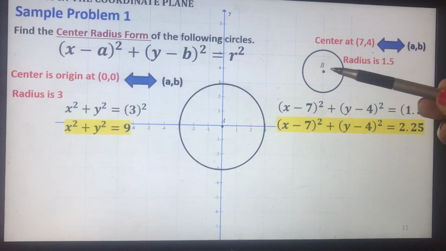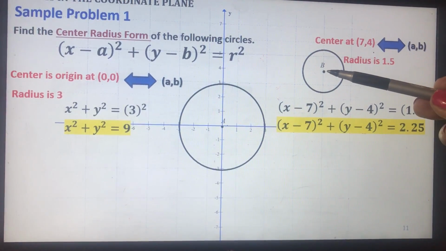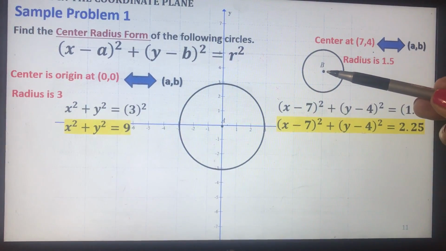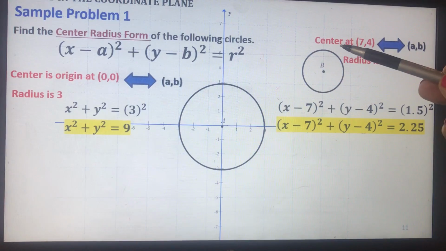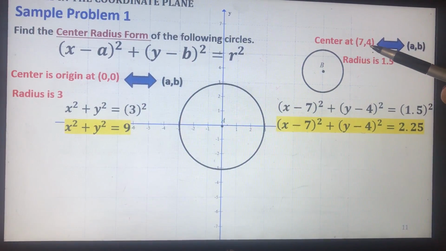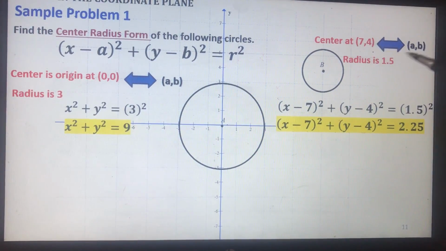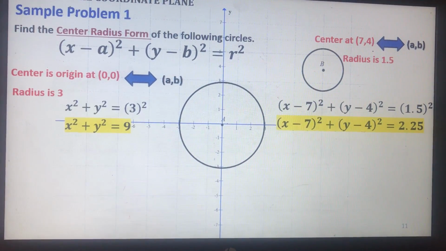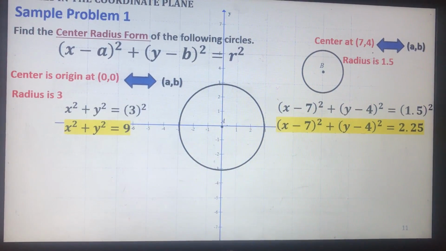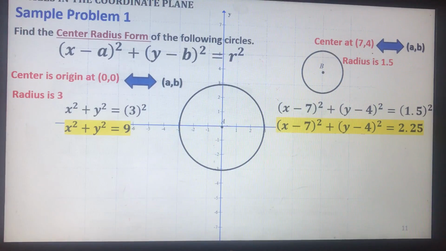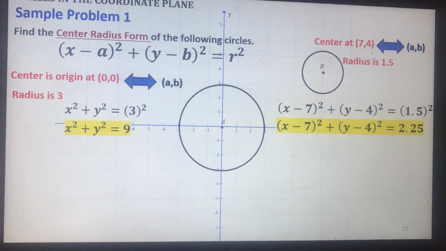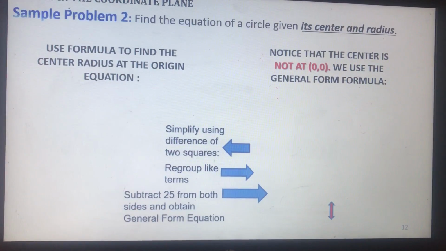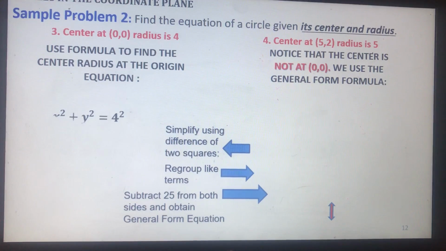Because in this case, the center of the circle is located at a point different from (0, 0). The center is located at (7, 4), so we label 7 as a and 4 as b and substitute into this equation. And here you go: (x minus 7) squared plus (y minus 4) squared equals 2.25. Now we move on to sample number 2.